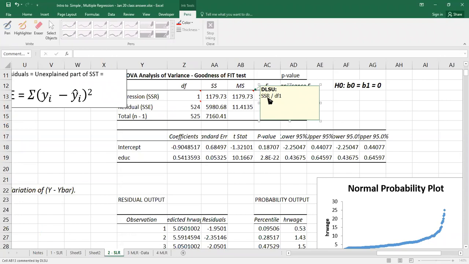This will be your SSE, SSE divided by your degree of freedom 2. Okay. So this divided by this will give you this one. And your FSTAT will be, insert comment, this will be your MSR divided by MSE. So this divided by this will give you this.